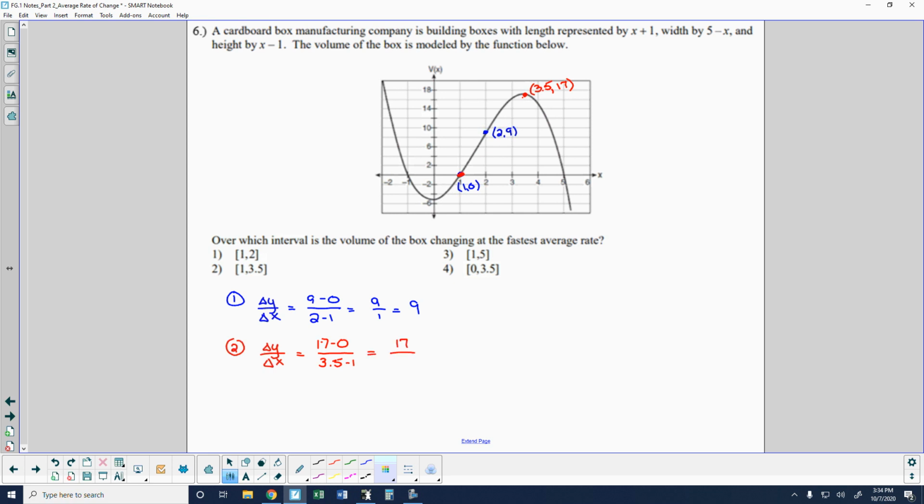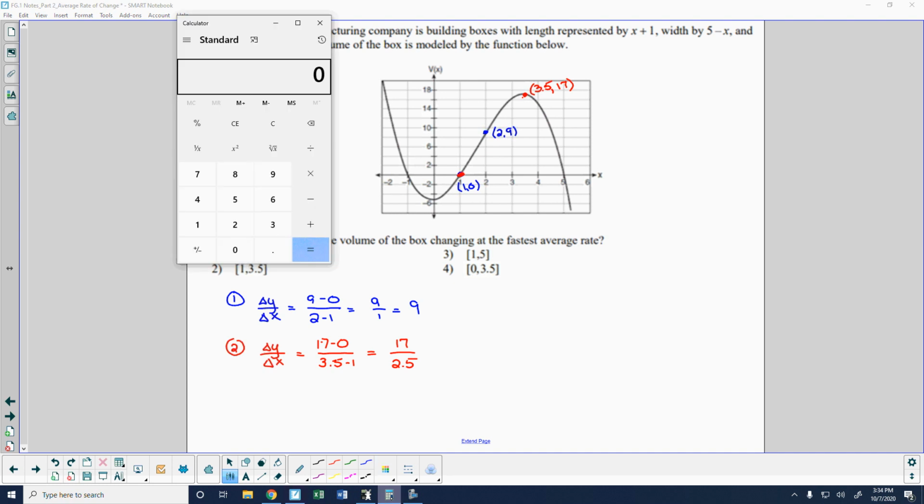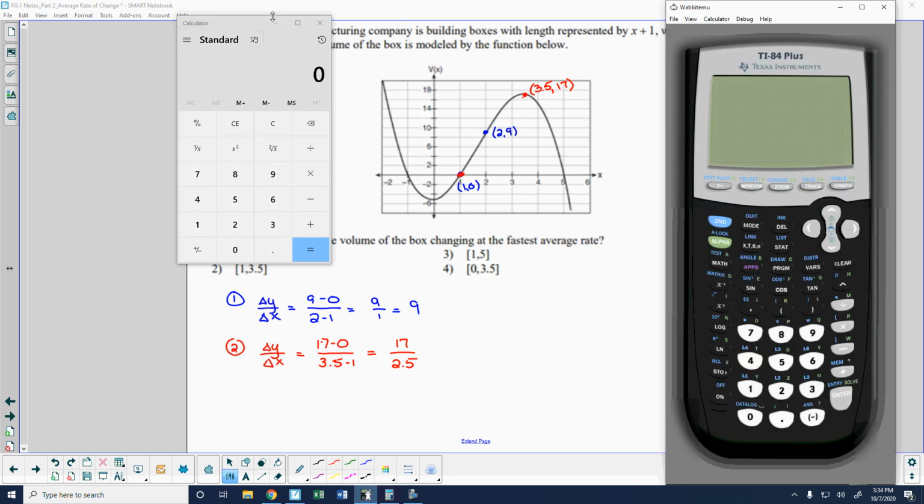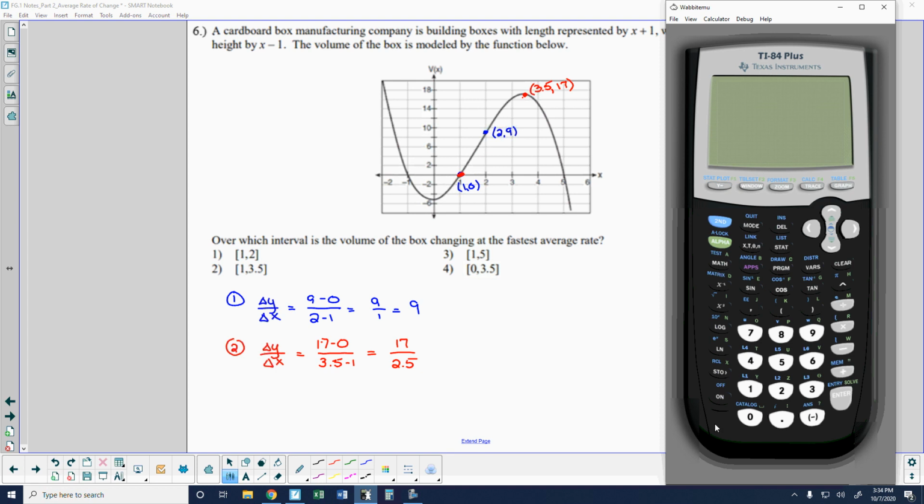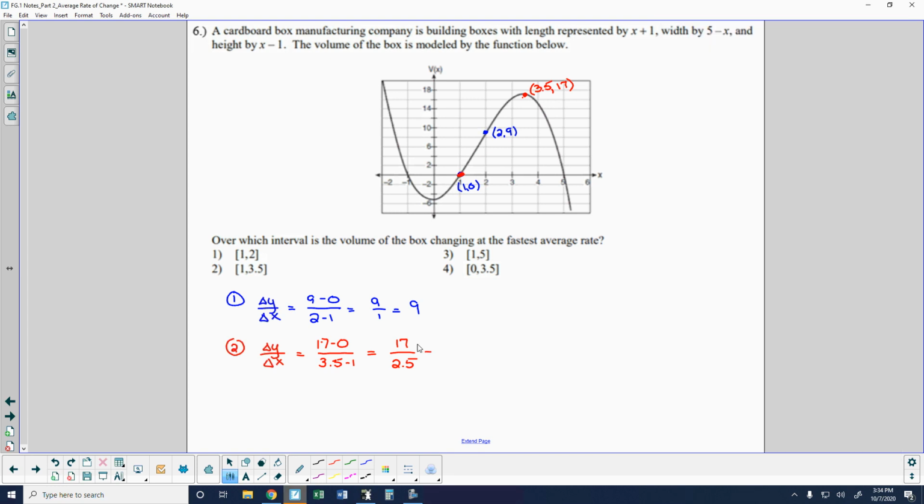This would be 17 over 2.5. Now let's go ahead and approximate this so that we can better compare this to 9. We should know that this is less because 17 divided by 2 is going to be less than 9, but in this case, we now know that this average rate of change is about 6.8.